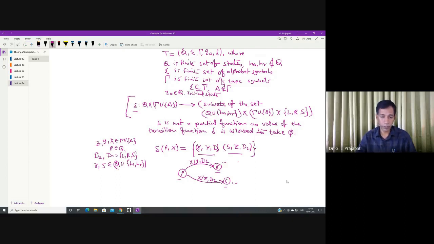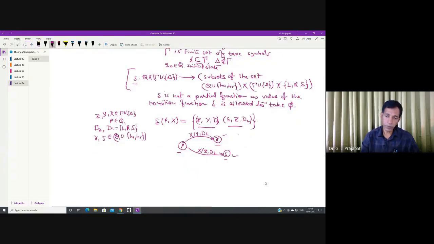Here your output can be any subset. However, you have some fixed choices. Your machine is not allowed to take infinite choices. We have some fixed choices, and your machine can opt, can guess, which choice it has to execute.